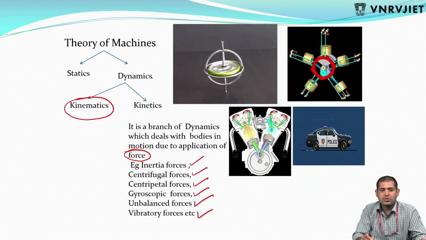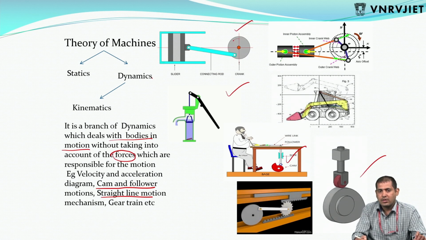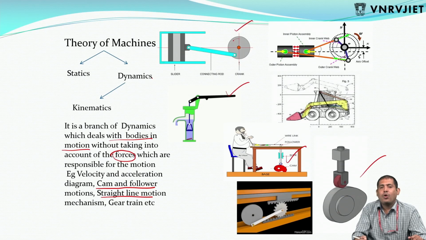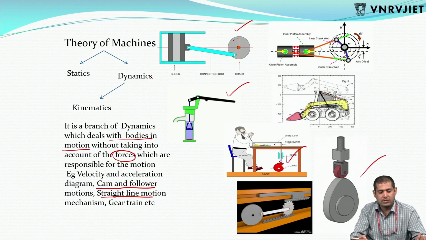Now we are going to study the kinematics of machinery, where we are going to learn what links, elements, pairs, chains, machines, mechanisms, and inversions are.